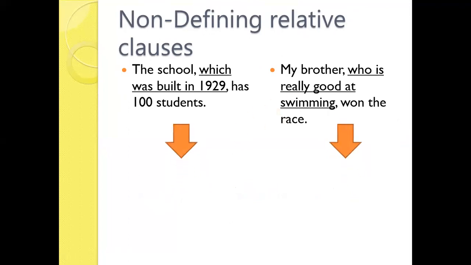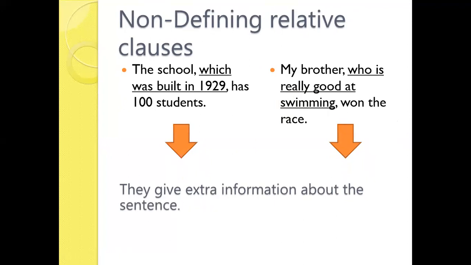Pay attention to the commas, we use commas with non-defining relative clauses. These give extra information. We have one part that is essential and the other that is extra information. I can understand the sentence without the extra information, so we separate the non-defining clauses using commas.